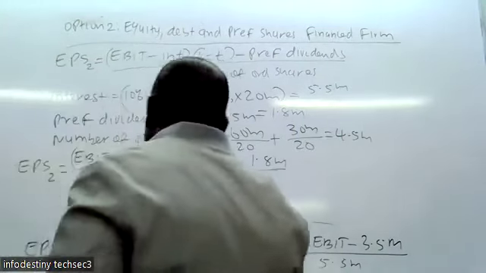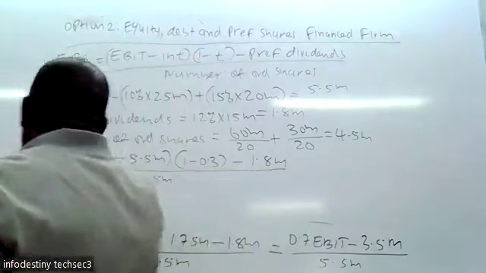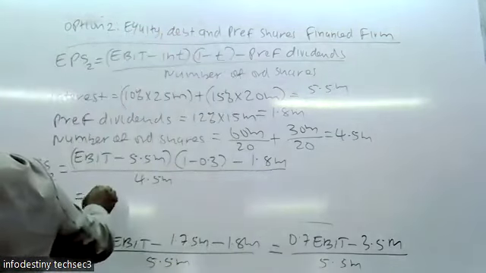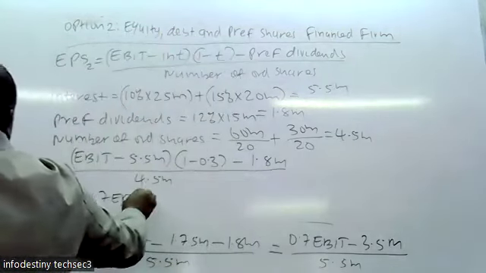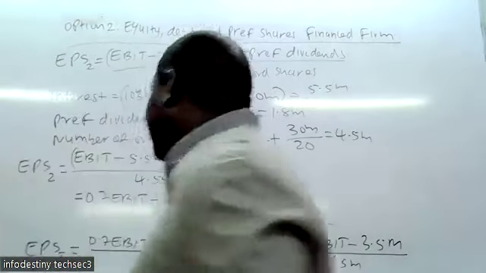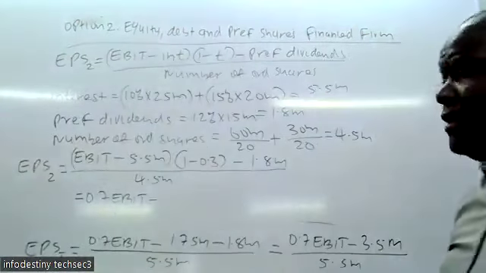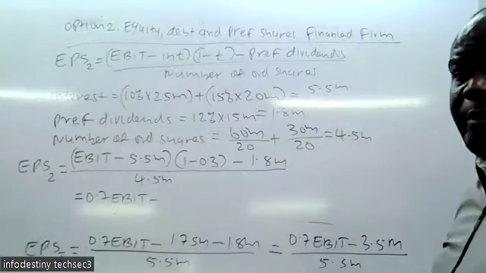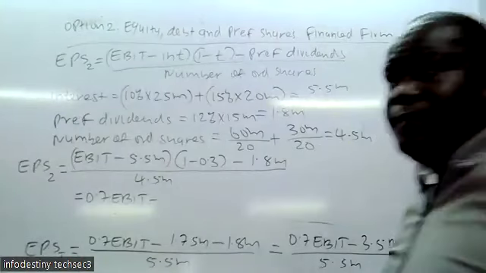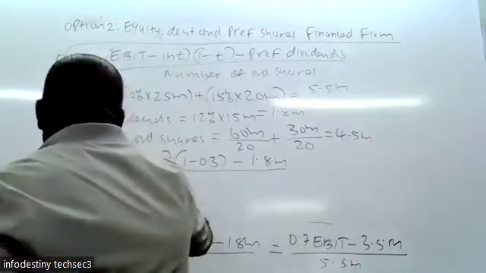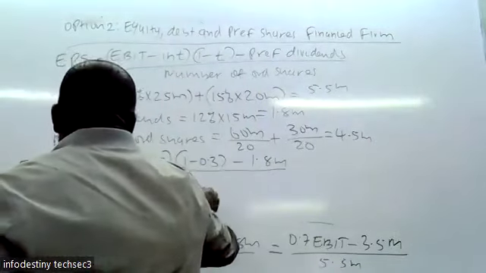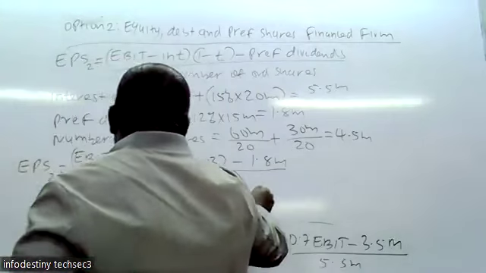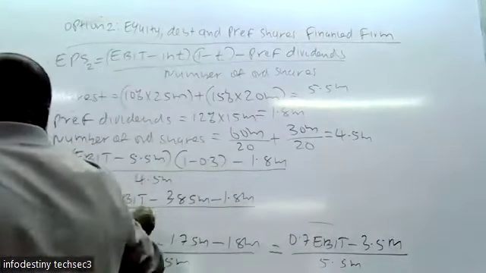So when you open the brackets, it will be 0.7 earnings before interest and tax. So also when you take 5.5 million multiplied by 0.7, 3.85, also minus 1.8.